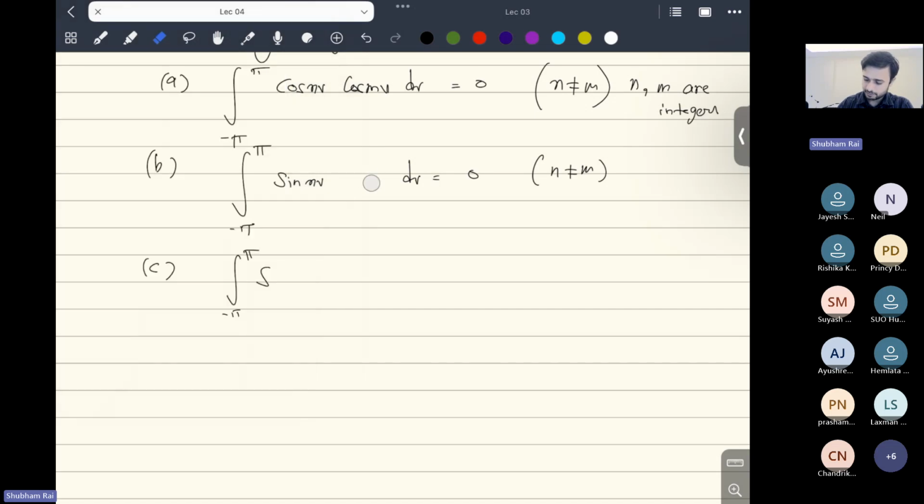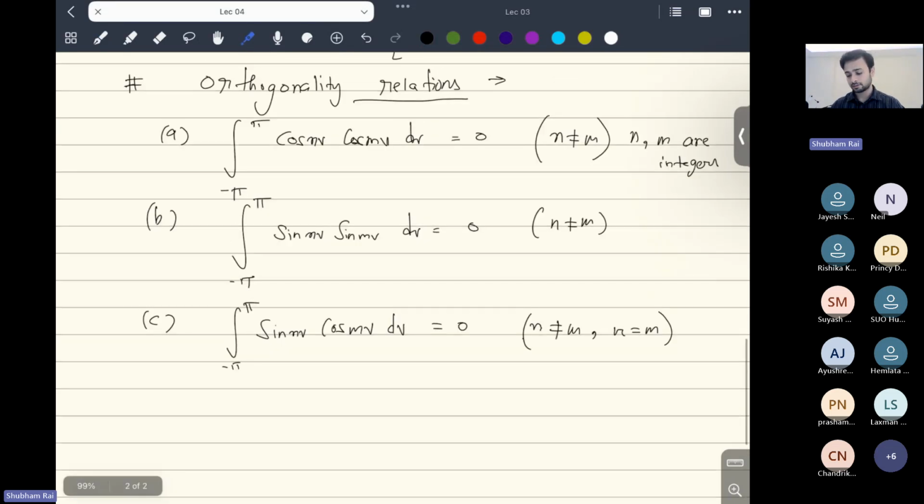Here it will be sine nv and sine mv. So these two are the same kind of functions, and this will be 0 when n is not equal to m. And then, in the last, we have sine nv and cosine mv. These two are different functions, sine and cosine, so this will be 0 irrespective of n not equal to m or n equal to m. It doesn't matter for the third relation.